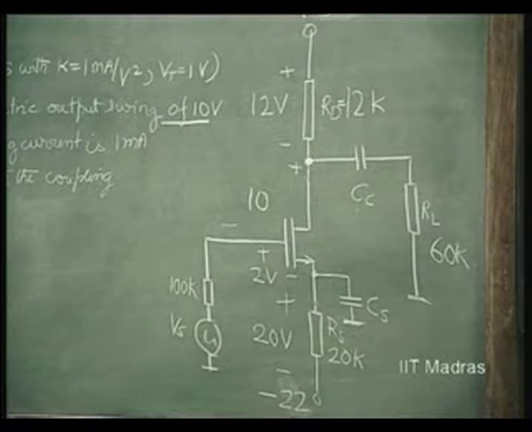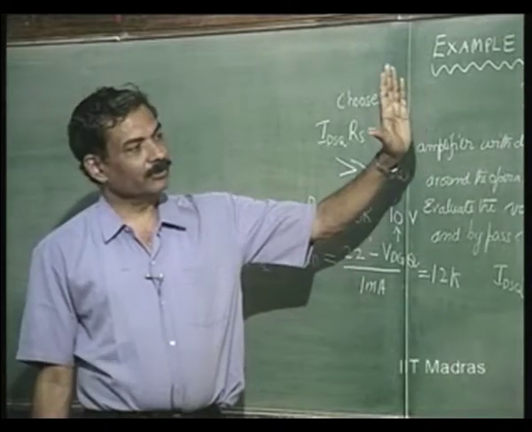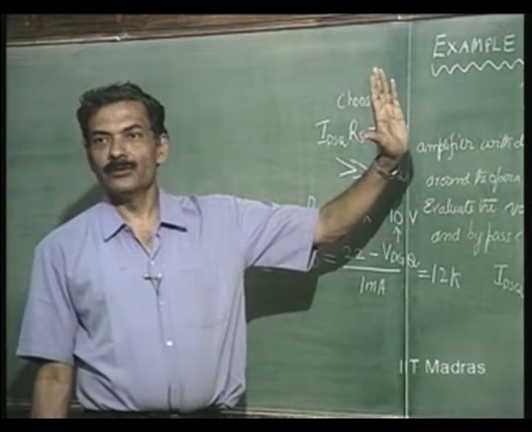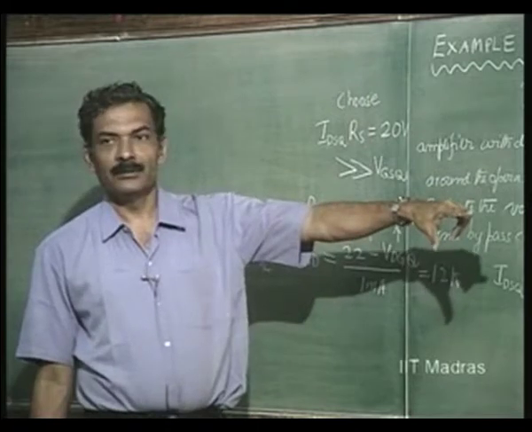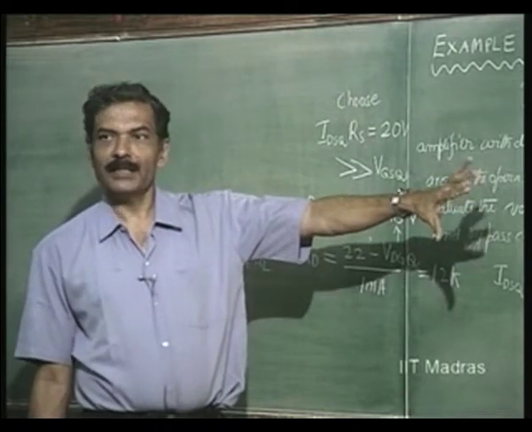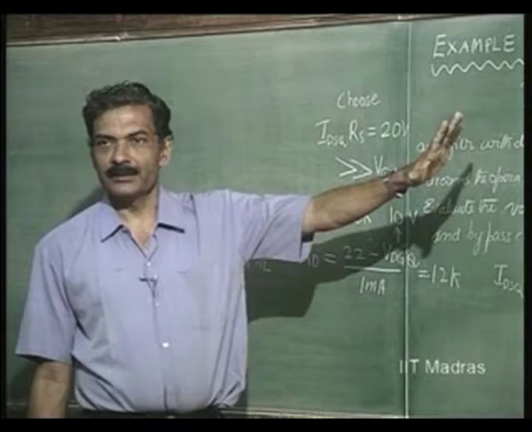So this completes the design as required. It is going to definitely give you a symmetric swing of about 10 volts on either side of the quiescent point.